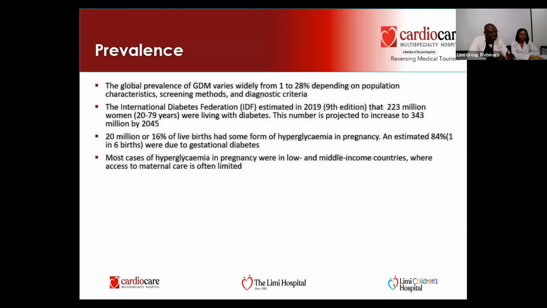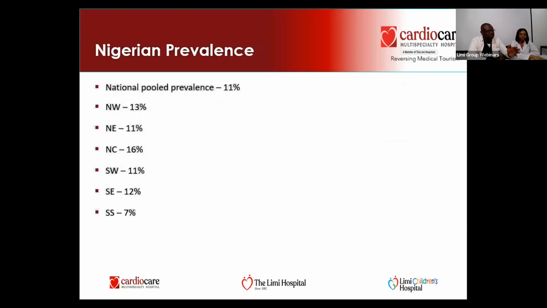But that being said, in Nigeria, we have a prevalence showing work done by Professor Aziz and colleagues, 11% for Nigeria, Northwest having 13%, Northeast 11%, North Central 16%, Southwest 11%, Southeast 12%, and South 7%. But the funny thing is that in normal diabetes, South has the highest prevalence, but for gestational, they have the lowest.